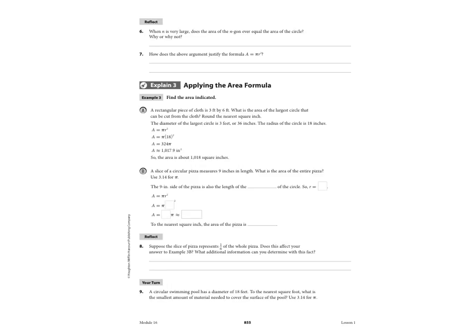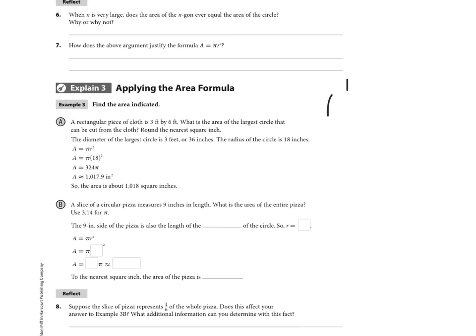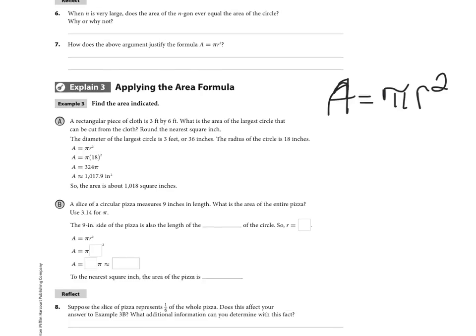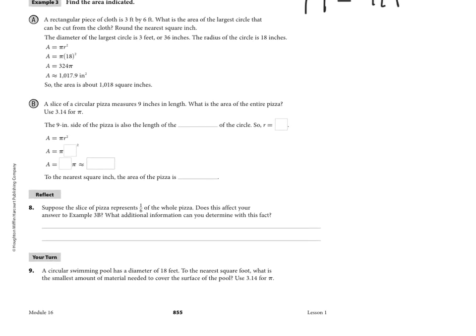And it's applying area. Now area is equal to pi r squared. And that's easy to remember. The area gets the squared because that's what all our answers in area look like, isn't it? So B says a slice of circular pizza is 9 inches in length. What's the entire area of the pizza?